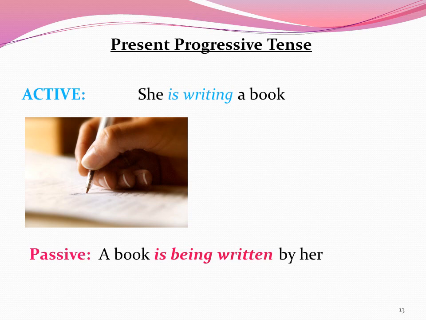In the present progressive, the verb is changed into be plus being. The ing is taken from the main verb, inserted after to be, then followed by the past participle form of the verb. So the sentence becomes, a book is being written by her. The pronoun has to change from subject pronoun into object pronoun, and they convey the same meaning.